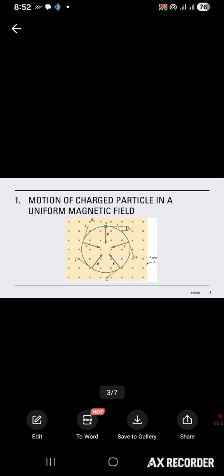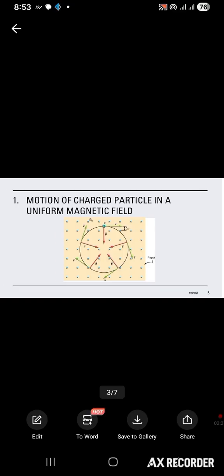F is perpendicular to both B and V. B is, as I have earlier told you, the magnetic induction vector or the magnetic strength vector. V is the velocity of the charged particle, the tangential velocity, and F is the magnetic force.